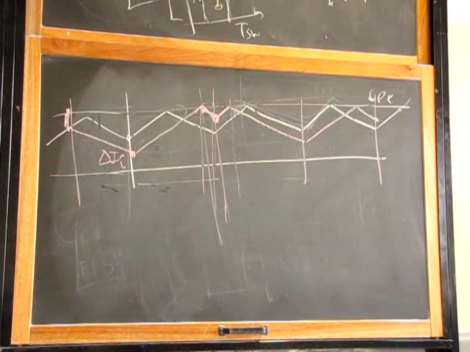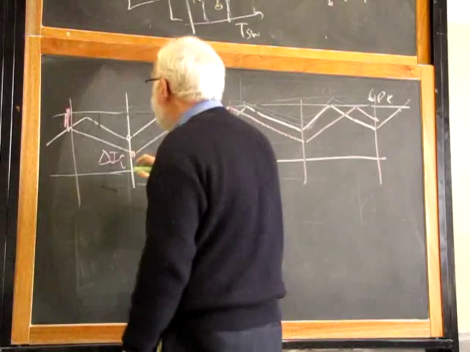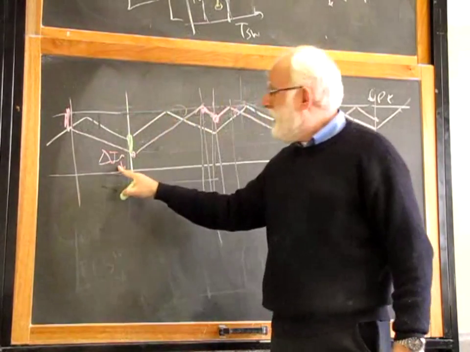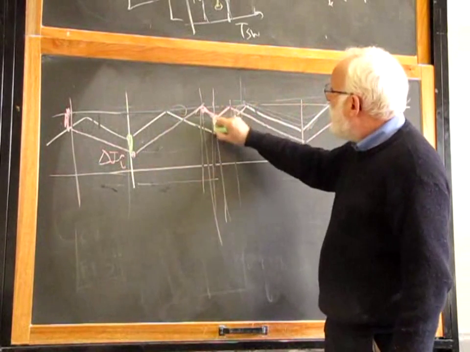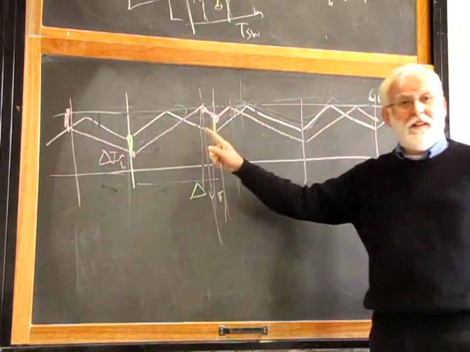Do I have to worry about this phenomenon? Well, let's see. I will if this error, this delta I initial current error, compared with the final delta IF, the final current error.